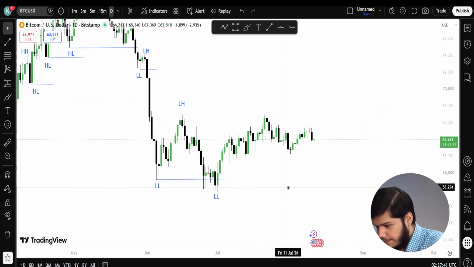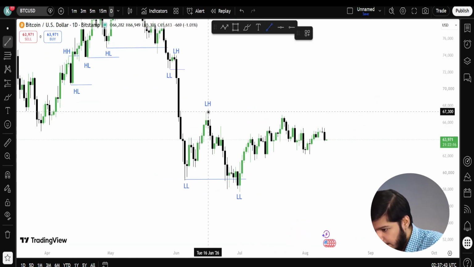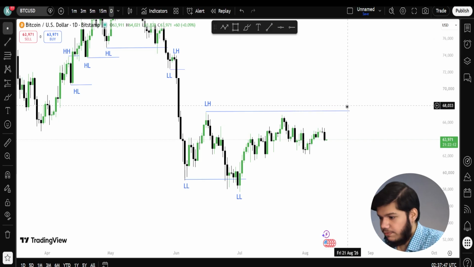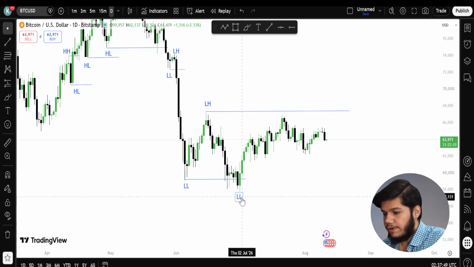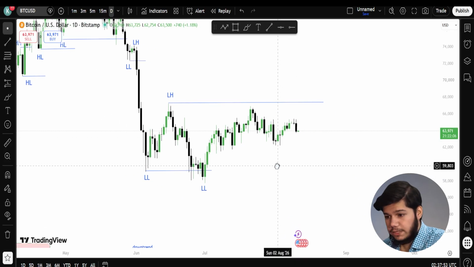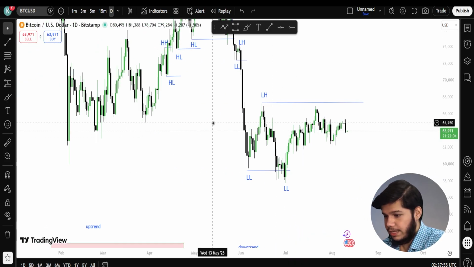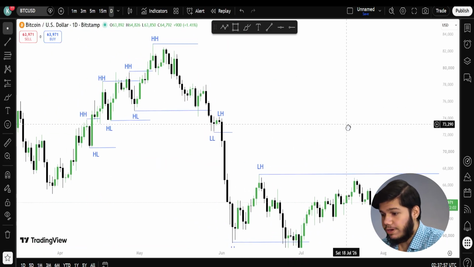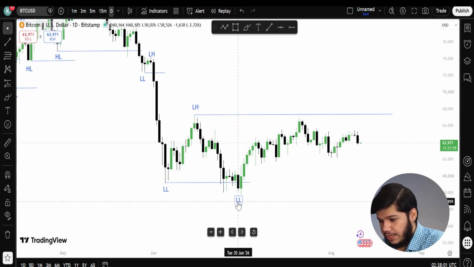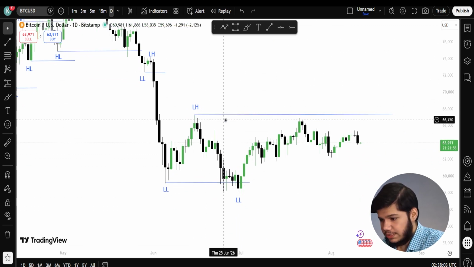Now let's see that the price is currently consolidating in between this recent lower low and this lower high. This is a live chart of Bitcoin US dollar that I'm performing the analysis on. I'm showing you a live example that price is in between this lower low and this recent lower high.